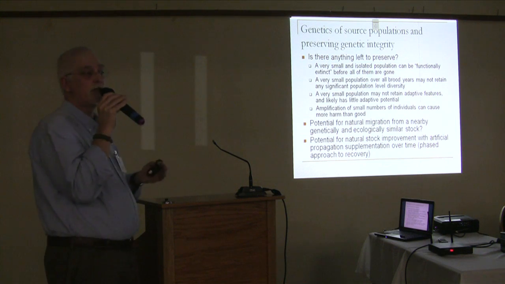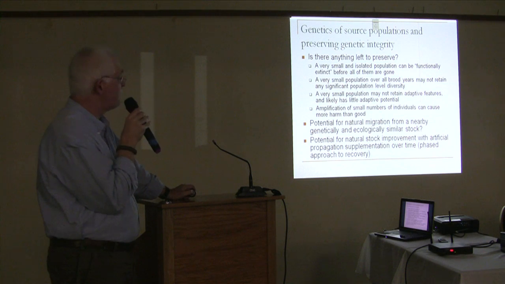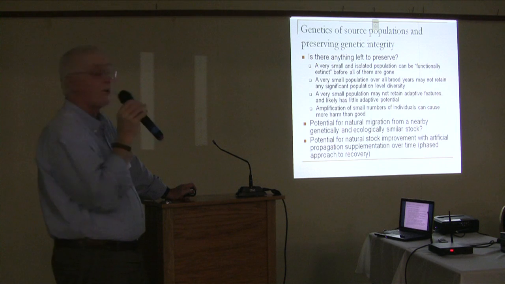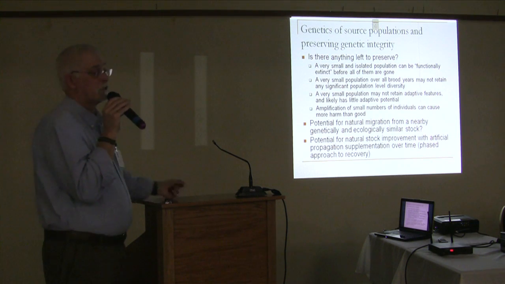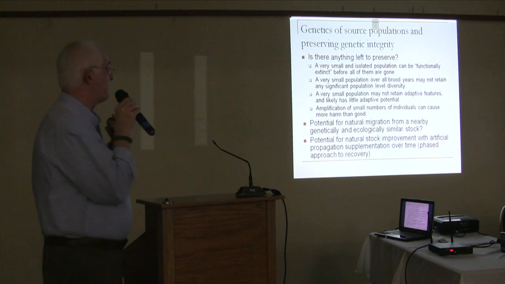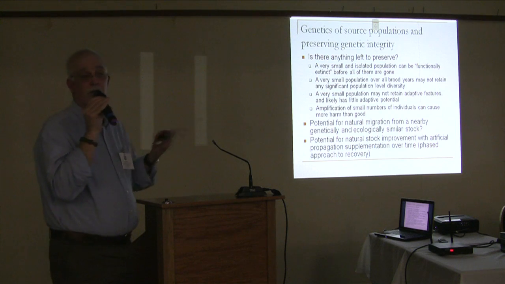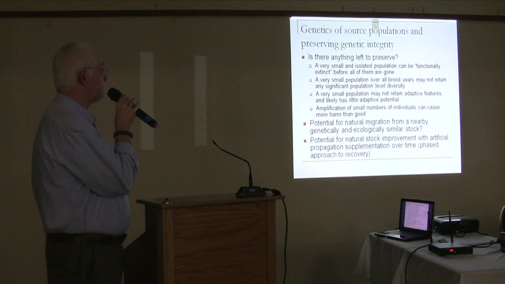That is, they can lose their role in the ecology of the system in which they are found. Very small populations over all brood years may not retain any significant population level diversity because of the time over which they have been small, and because of the fact that there just are a few individuals. It's down to individual diversity at that point.